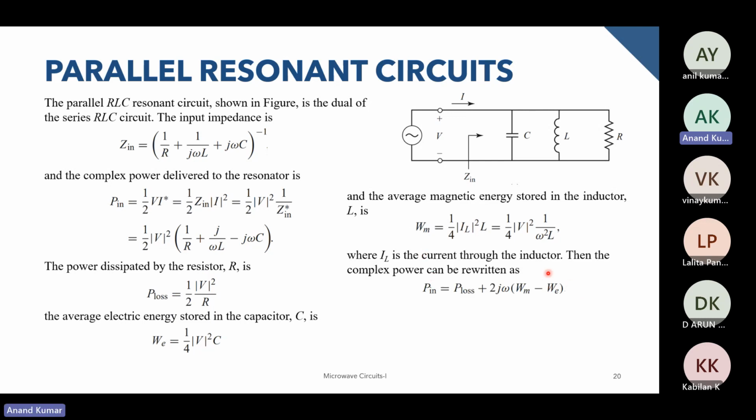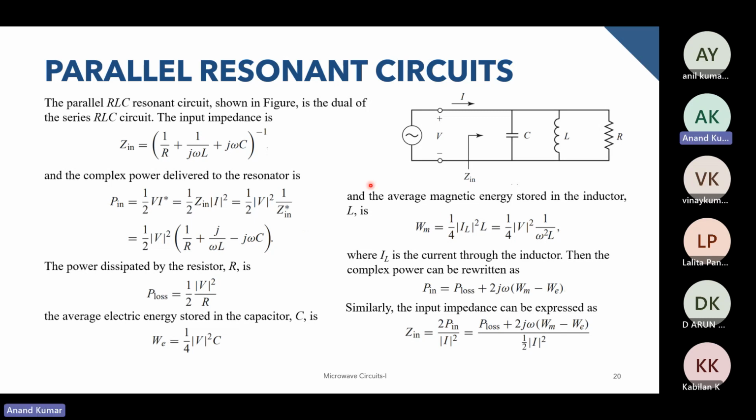And again, using the same Poynting theorem, we write this equation over here, and we write the input impedance in terms of the input power. So this is all similar to what we did in the series resonant circuits. So any questions from here?